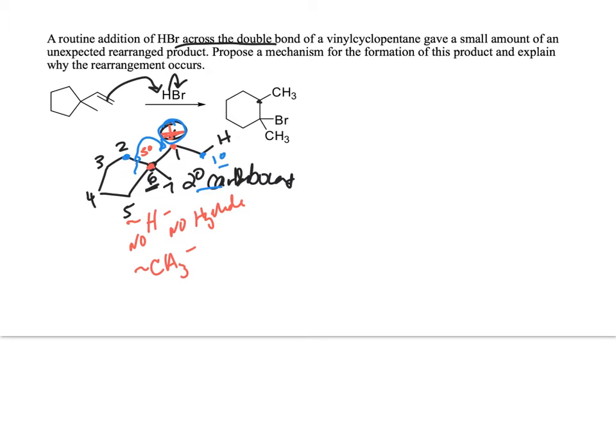So what does that look like? This is 1. Here's 1, 2, 3, 4, 5, 6. So there's your 2, there's your 6. Carbon 6 has the number 7 carbon on it, and 1 has that primary carbon.